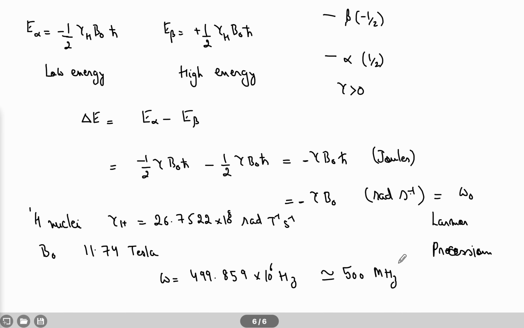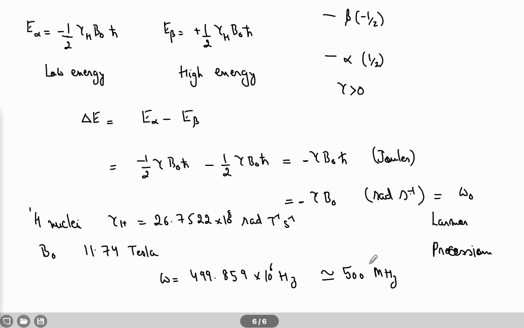So when you typically go in any NMR lab, you will be saying, I want to record my spectrum at a 400 megahertz machine, or 600 megahertz machine, or 900 megahertz machine, and so on. So this is a standard norm to talk about the strength of the field in terms of the Larmor precession frequency of the proton nuclei for that field.